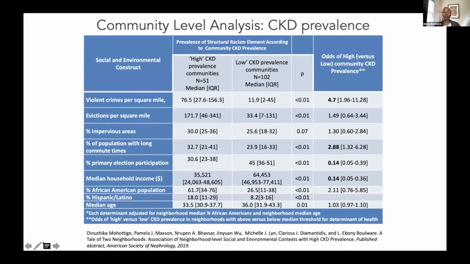We've begun to look at these constructs and their association with a community being high CKD prevalence versus low CKD prevalence. And our early work finds that there are associations between things like violent crimes, commute times, social capital, household income with CKD prevalence.